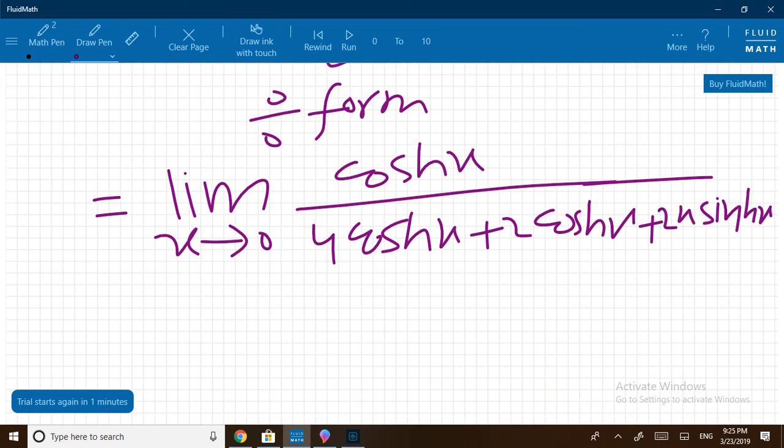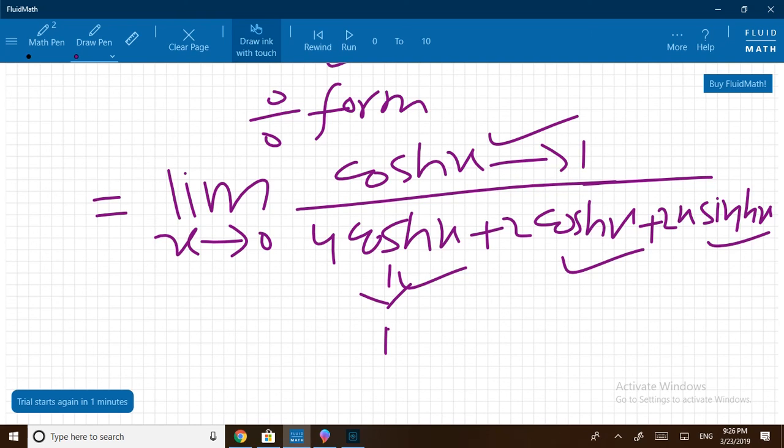So now we check that it is not indeterminate form, because when we put the limit over here, it is 1, and this is 0. When x approaches 0, this will be 1, and when multiplied by 4, this will again be 1, and this is 0.